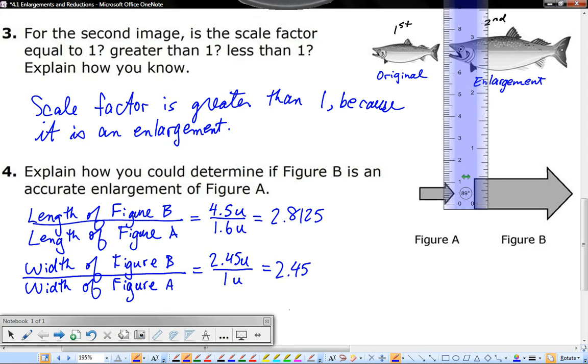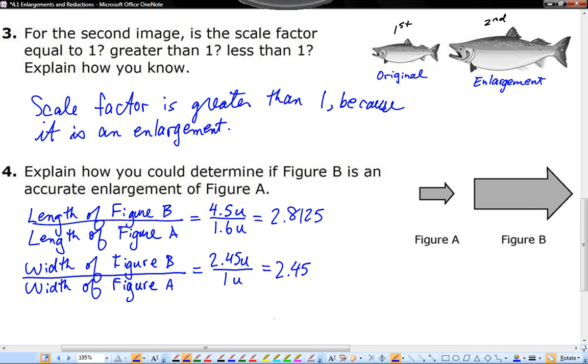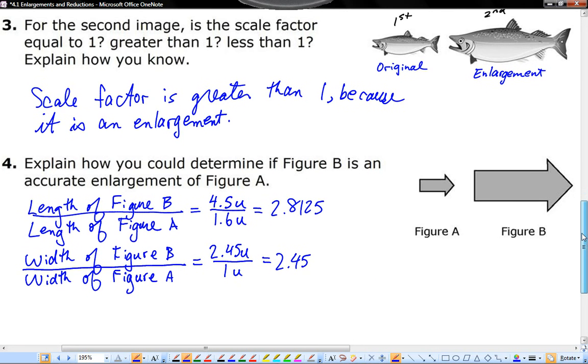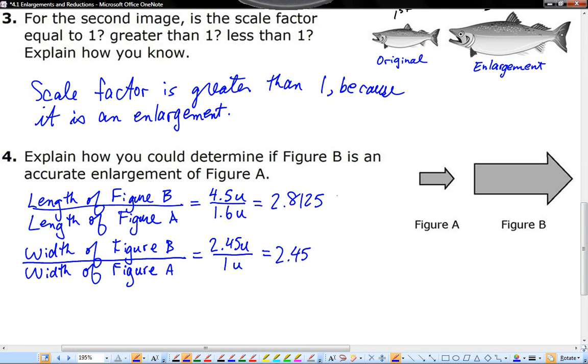And so this definitely is a problem. This is not an accurate enlargement of figure A because you don't have the scale factor being maintained as the same scale factor.